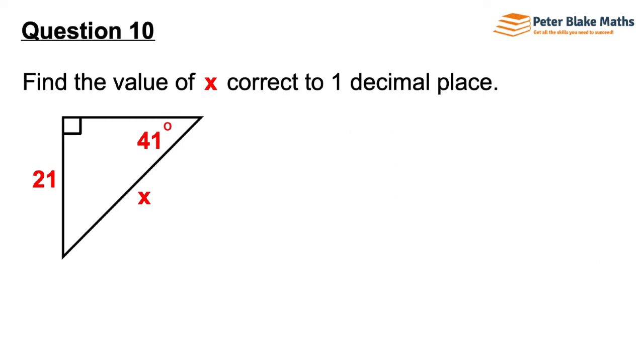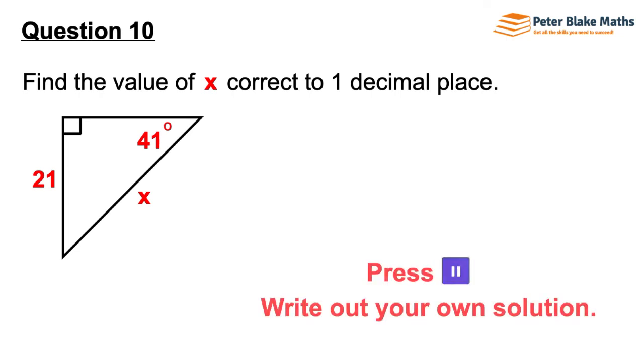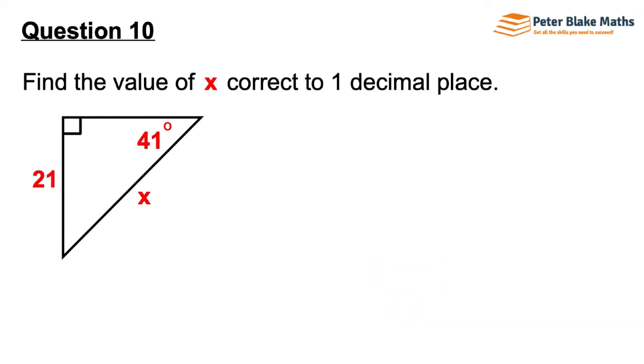Question 10. Find the value of x correct to 1 decimal place. Righty, here we have a 41 degrees and a 21 and an x. From the 41 degrees, the 21 is in the opposite position and the x is on the longest side, the hypotenuse.